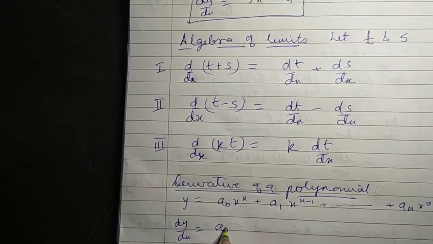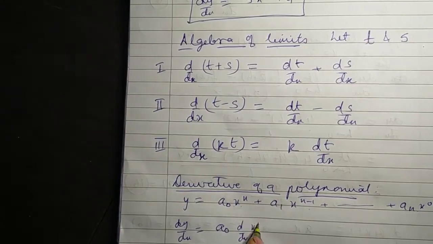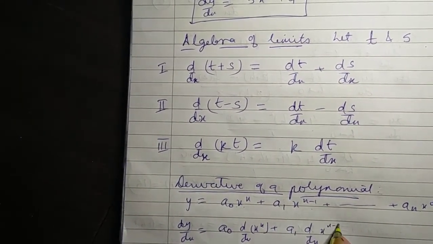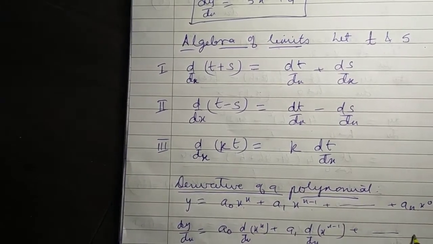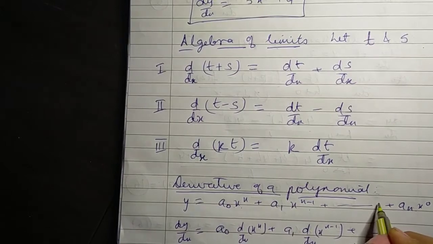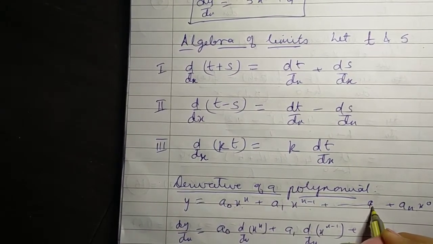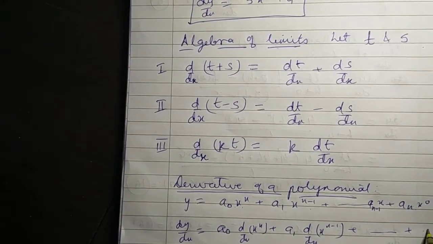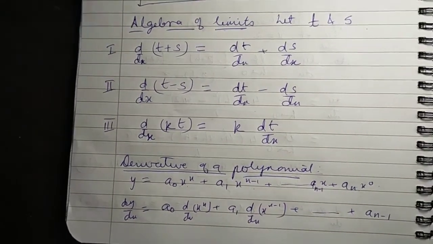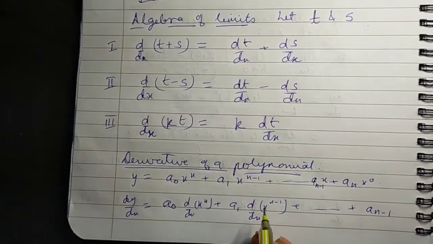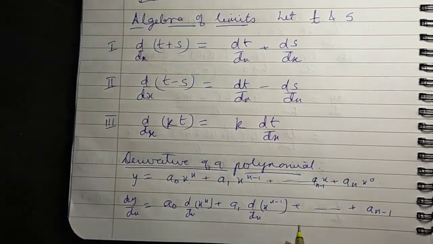So you get a0 times derivative of x raised to n plus a1 times derivative of x raised to n minus 1 and so on. The last term will be 0 because it is a constant. So this way you can do any and every question where you have to find the derivative of a polynomial.